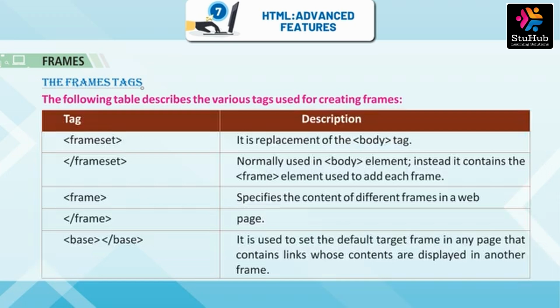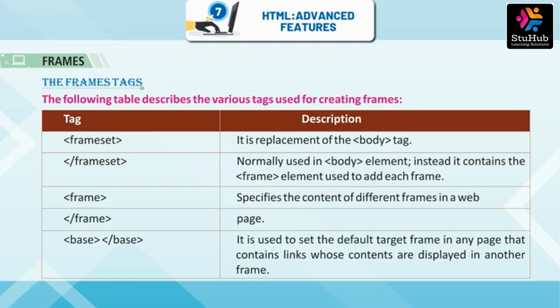Tag, description. Frameset tag: it is a replacement of the body tag. The closing frameset tag is normally used in place of the body tag element. Instead, it contains the frame tag element used to add each frame. Open frame tag specifies the content of different frames in a web page.